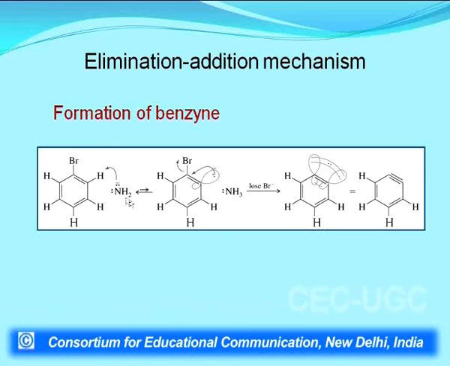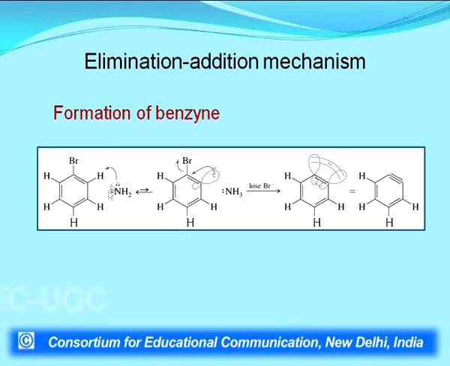When NH2 captures this hydrogen, this pair of electrons shifts here and an anion is formed. Now, you see this anion formation is favored due to the electronegativity of this group, because if the negative charge comes here and the neighboring position has some electron withdrawing group, it is partially stabilized.